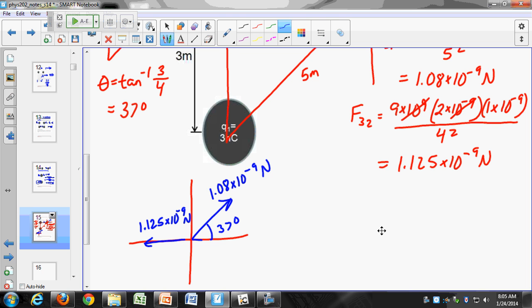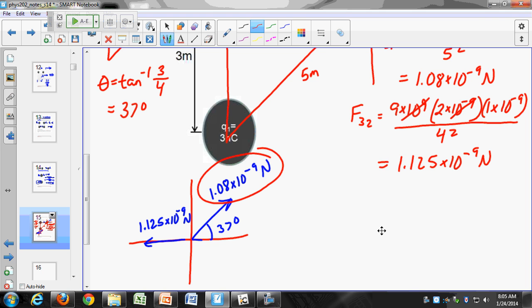Now remember this a bit? Is this easy for you? Questions? It'll really come in practice. You'll need to practice this. So I find the x and y components of this vector.